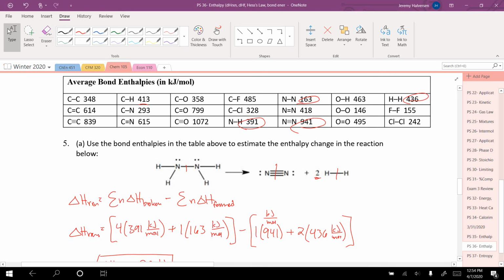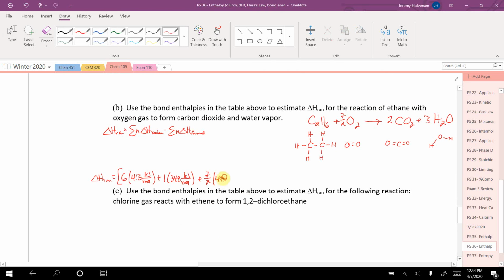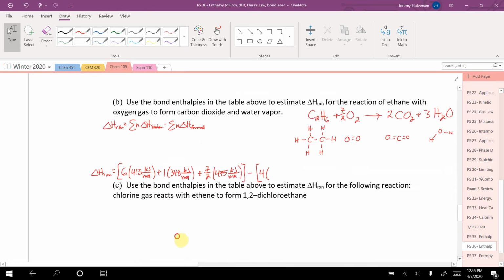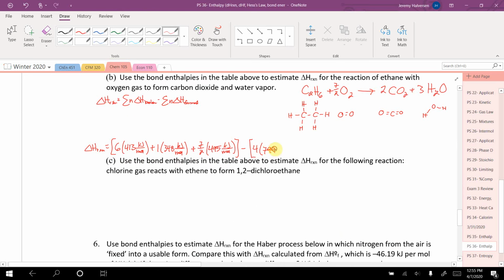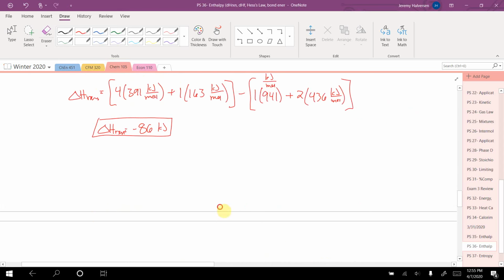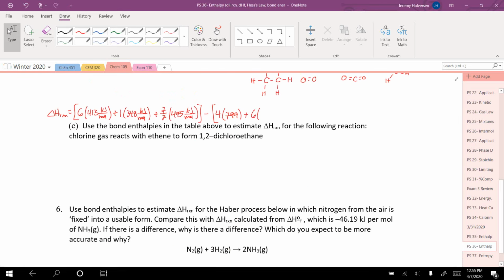OO double bond is 495. It's breaking. Now what am I forming? I'm forming 2 CO2s, which gives me a total of 4 CO double bonds. 799. And I'm forming 3 waters, which gives me a total of 6 OH bonds. 463.